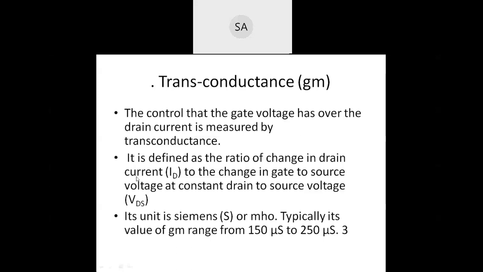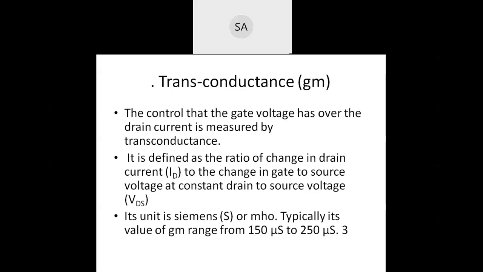So here this transconductance is defined as the ratio of change in drain current to the change in the gate to source voltage at constant drain to source voltage. That is, ID by VGS, keeping VDS constant.